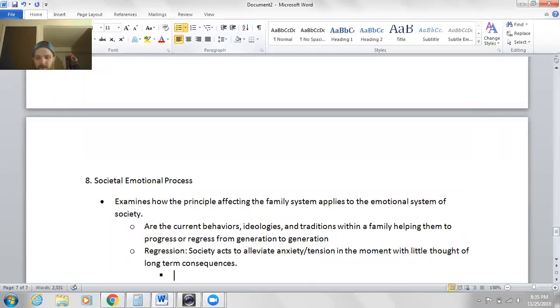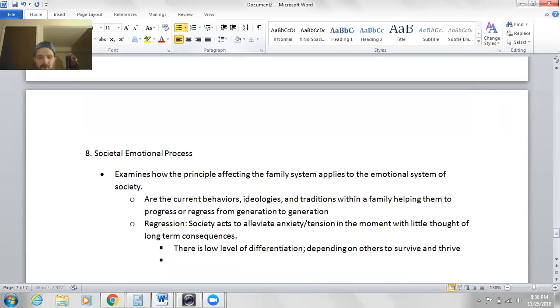So, and less technical, there is low level of differentiation, depending on others to survive and thrive.